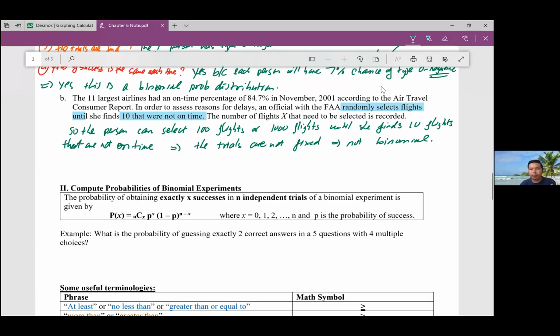All right, welcome back, everyone. So, a bit of introduction about binomial distributions. Let's go ahead and see how we can compute probabilities of binomial experiments.